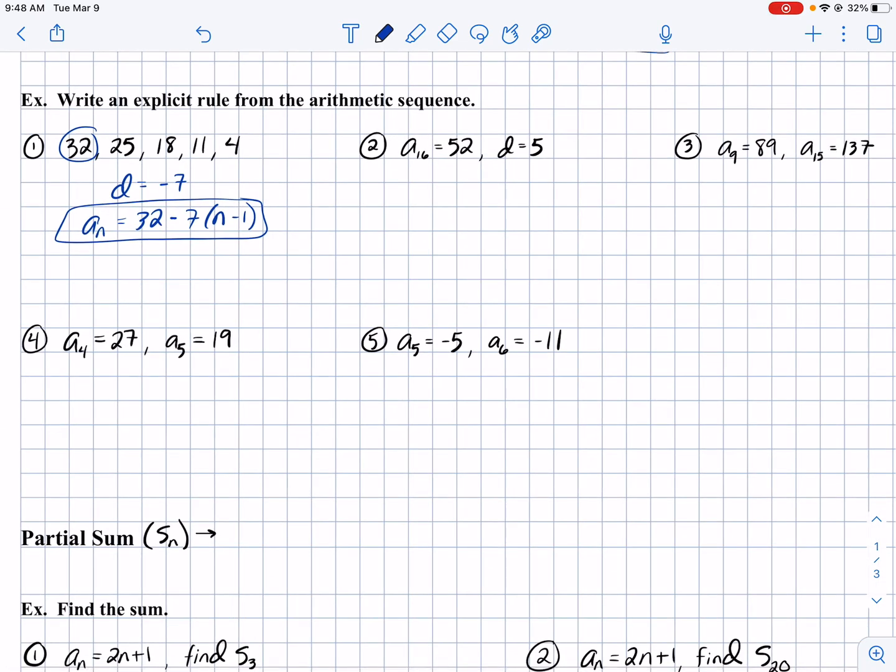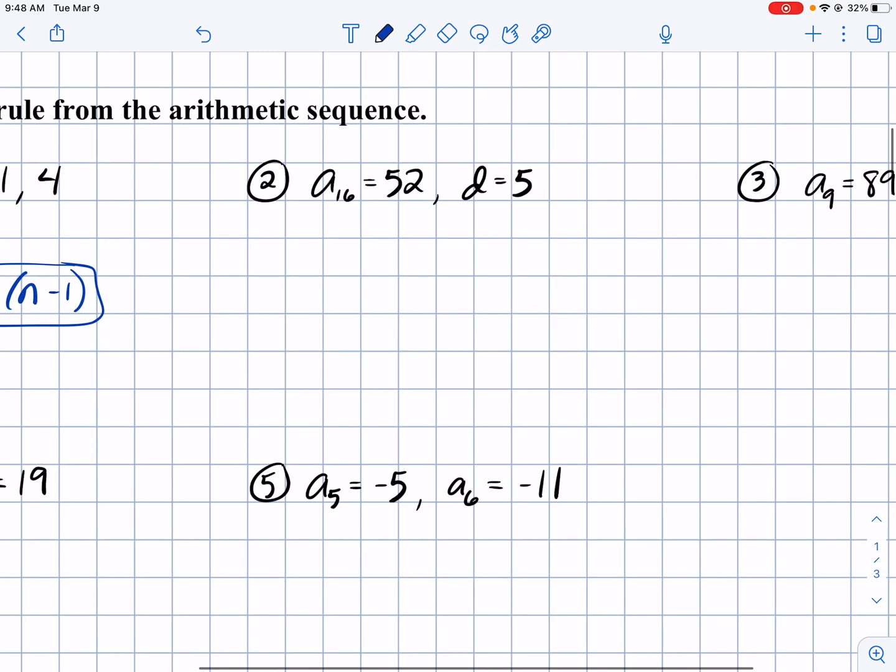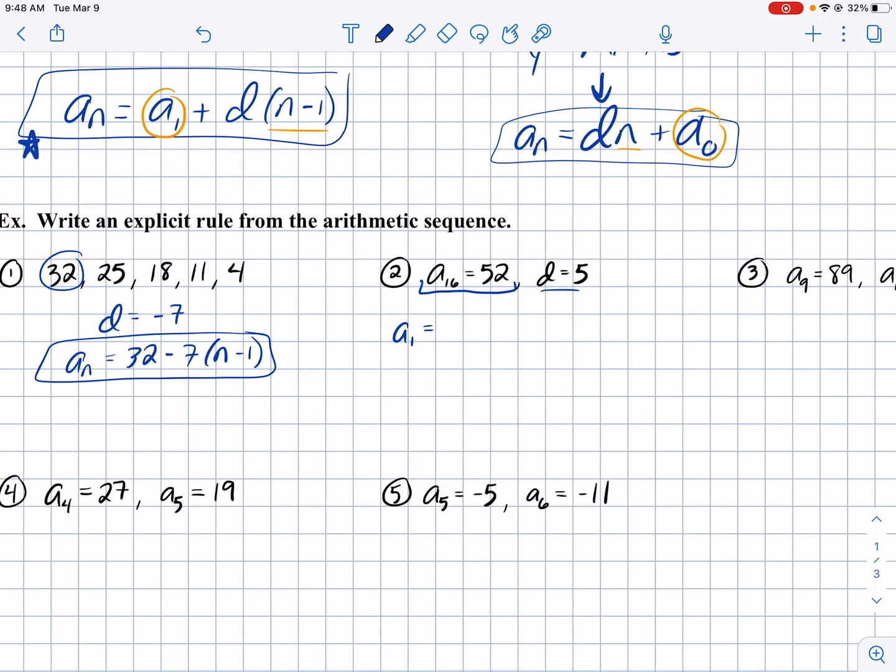How about for number 2? For number 2, you have the 16th term of this arithmetic sequence and the common difference. So we're missing the first term, but you have an equation for the first term, and you can use this 16 and 52 to plug in to find the first term. It would look like this. a sub 16 is 52, so 52 equals our first term, which we're solving for, plus our difference of 5 times, well, we know what the common difference is, we know what term 52 is.